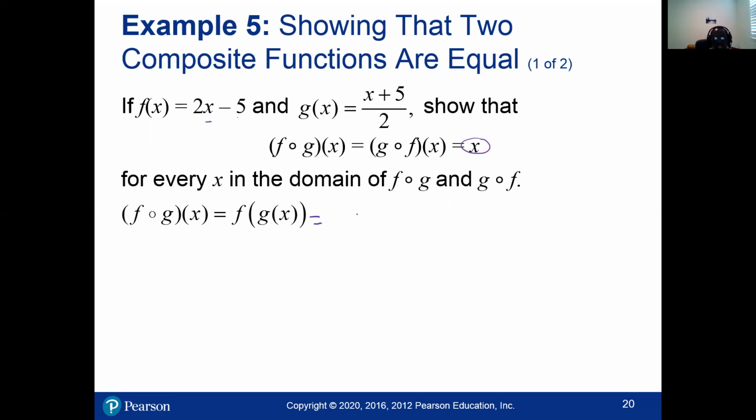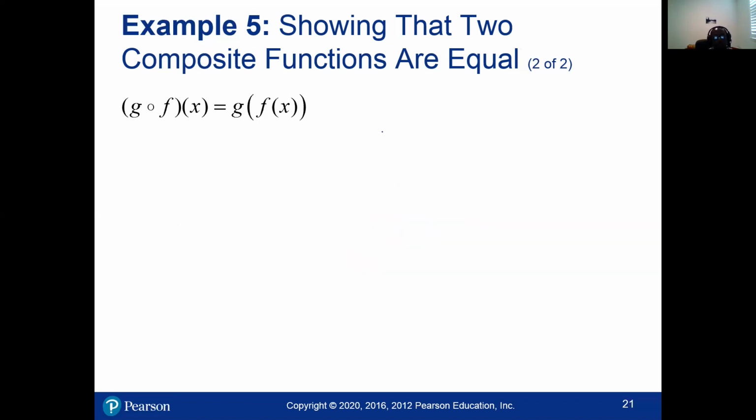So this is 2 times x minus 5, and what goes in here is x plus 5 over 2. When you simplify this, the 2 will cancel that 2, and you have x plus 5 minus 5, and that is equal to x. Okay, and then we do it for the other one.